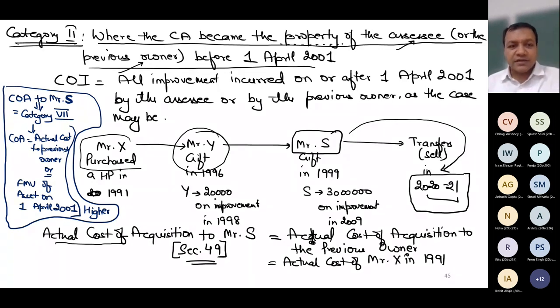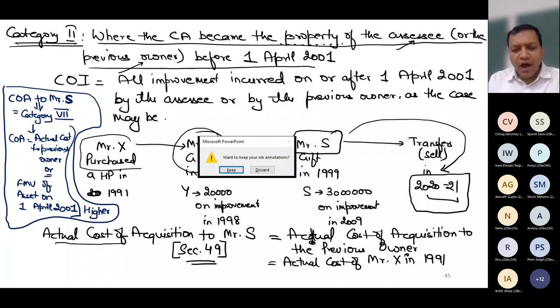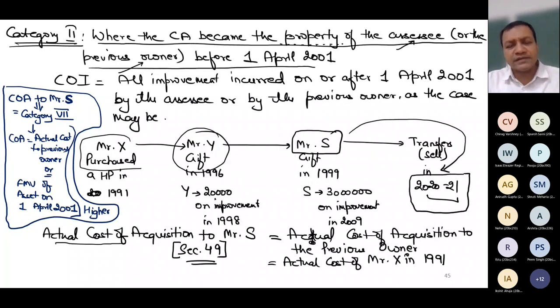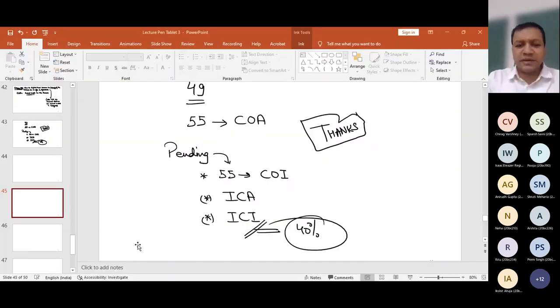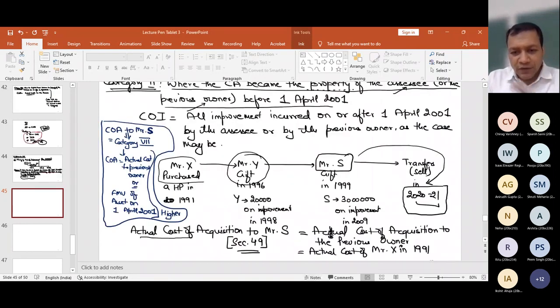Please raise your hands if you are getting an idea of how you should proceed step by step to correctly determine cost of acquisition. Have you understood the process, how I have applied different steps to get the correct cost? You must apply this way of calculation.